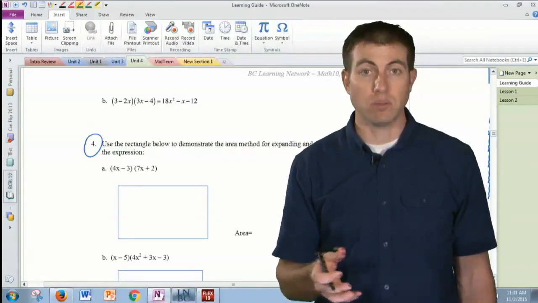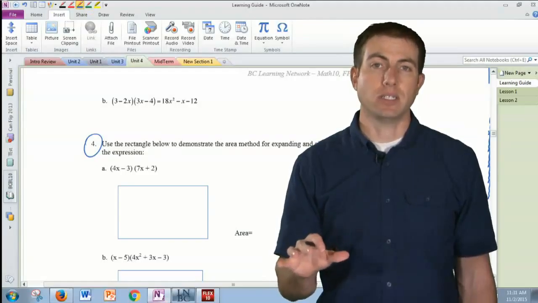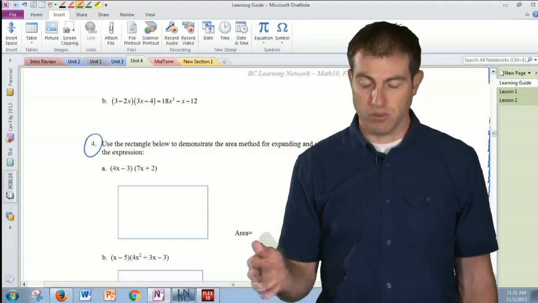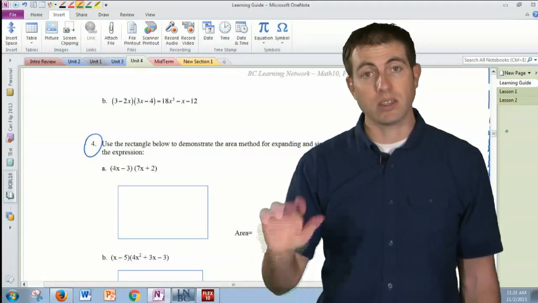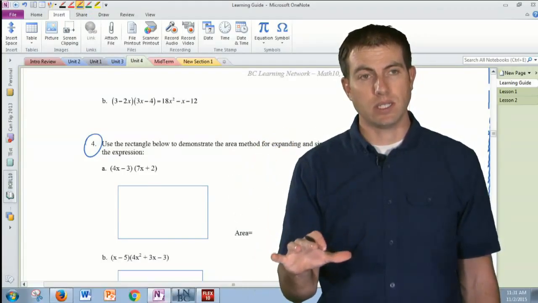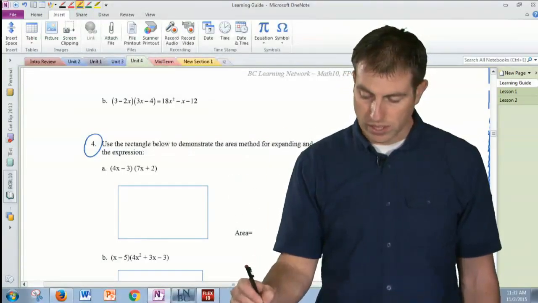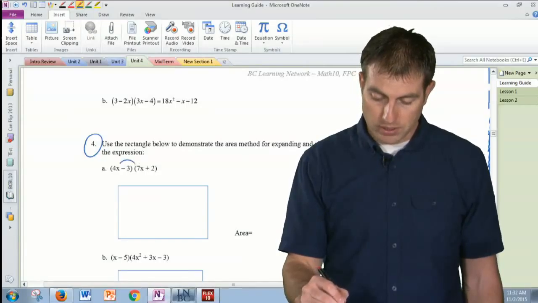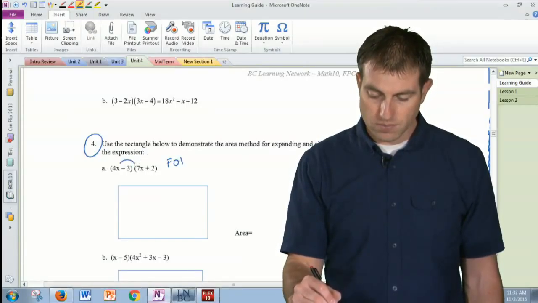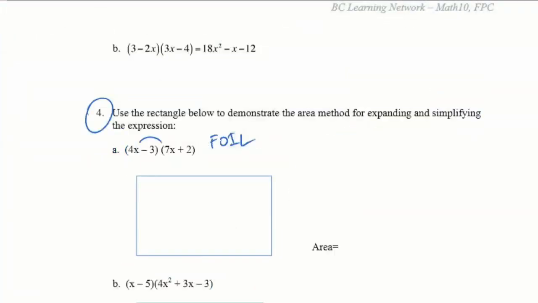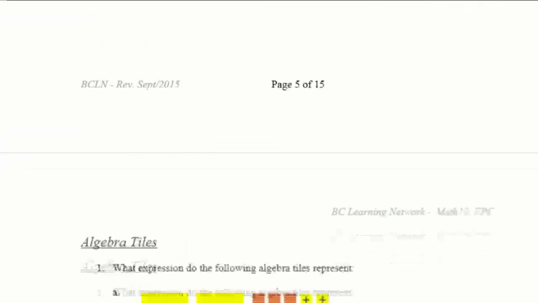I don't have time and I don't think it's really that important. But some people like the visual representation of these things. If you want to just multiply these together and FOIL them and get the answer, great. If you want to use the area method, look it up, do it that way, that's fine.